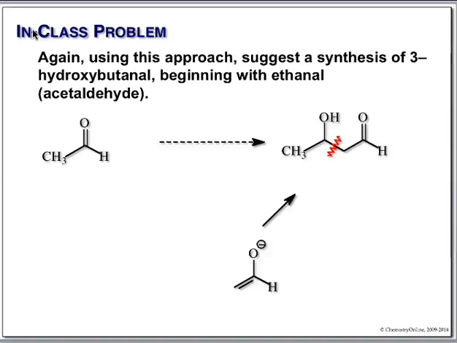Now think. You can do this. What did this carbanion attack to give us this? Here's the bond we made. So what was attached to this half? It was two carbons, a hydrogen that we don't show, and an oxygen, right?